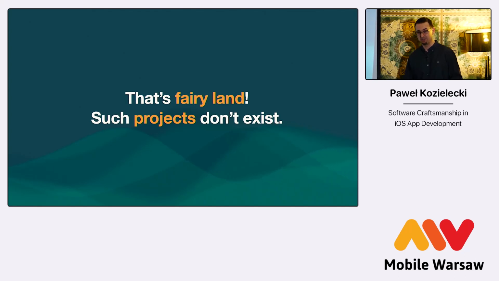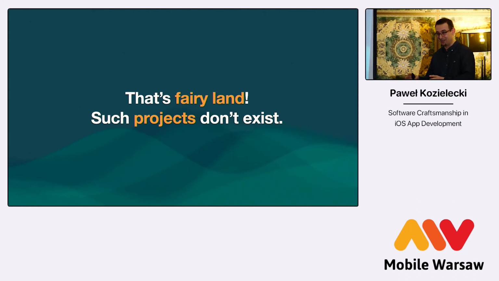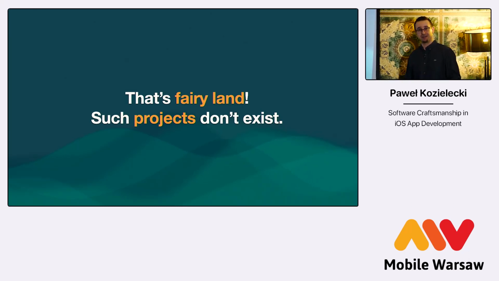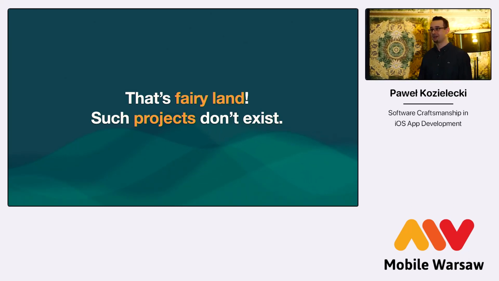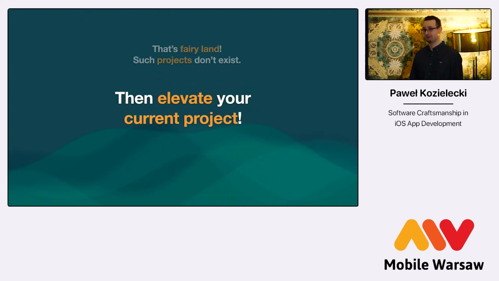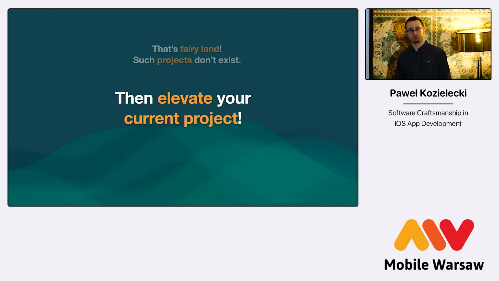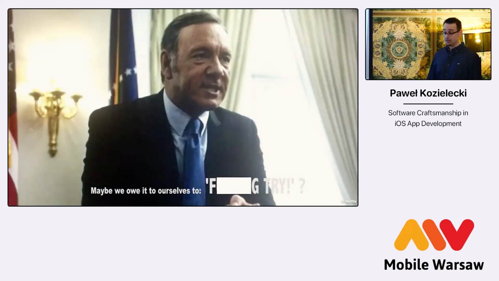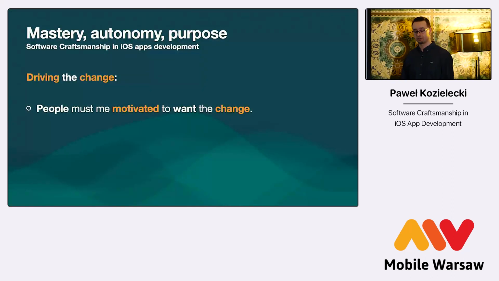At least I don't know any projects that allow you all of that, to choose your tech stack, to be motivated all the time. It just doesn't work this way. And you're probably right. But then you can try to elevate the current project you're working on, or at least try. To do that, you're going to have to drive the change.